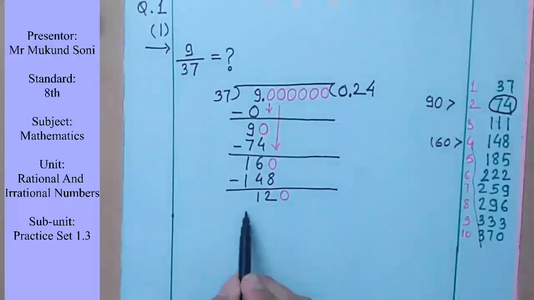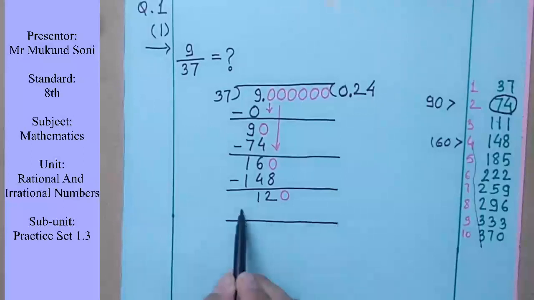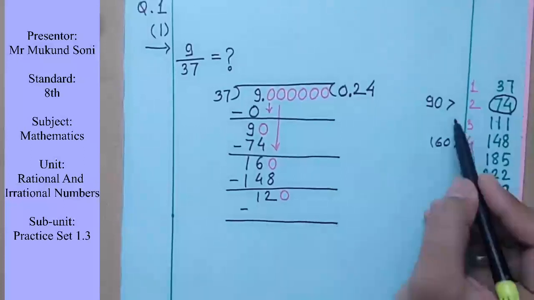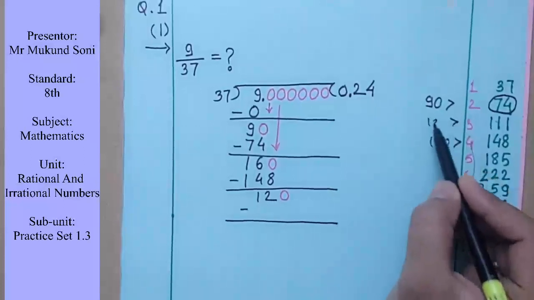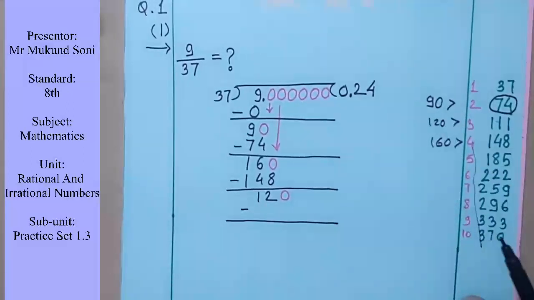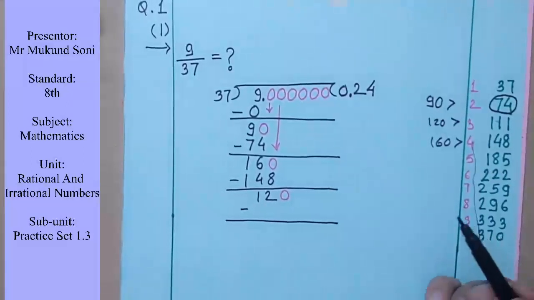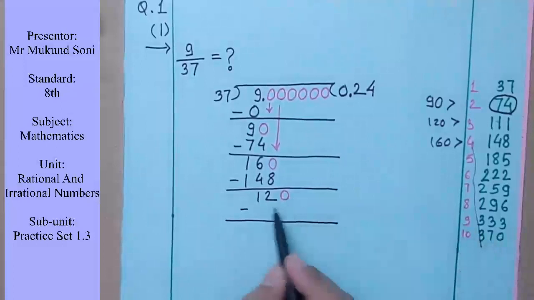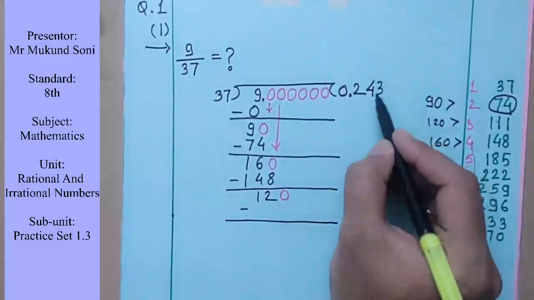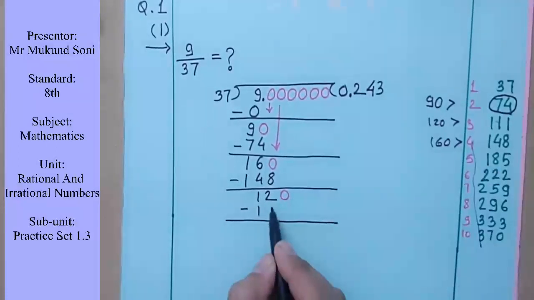Now again repeat the activity from the previous one, that is find the number which is closer and less than 120, and yes, it is 111. It comes at 3's, so I am going to write 3 in the quotient and 111 here below 120 in subtraction.